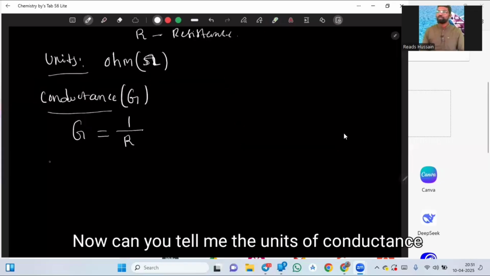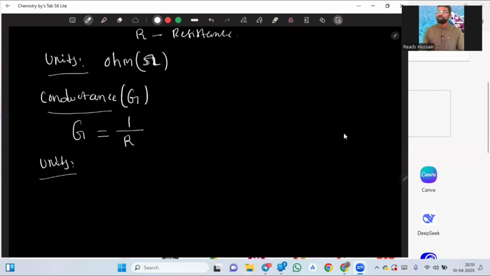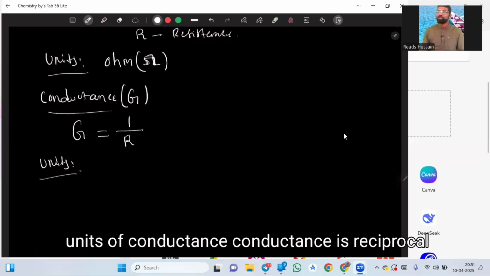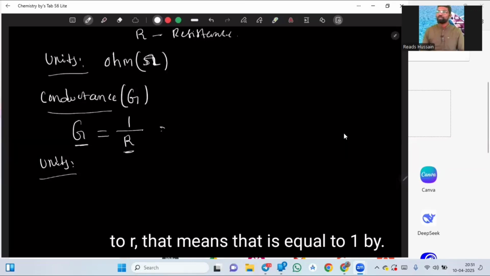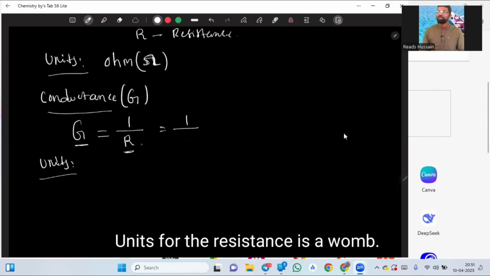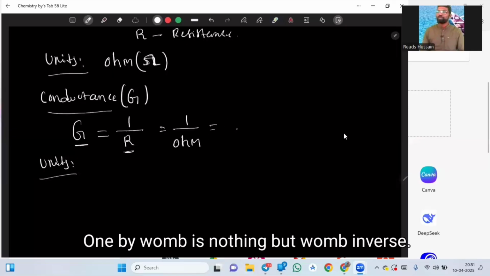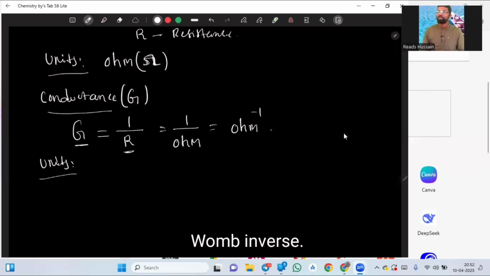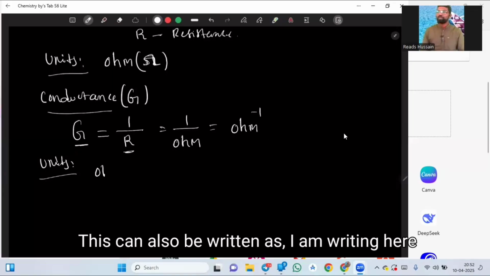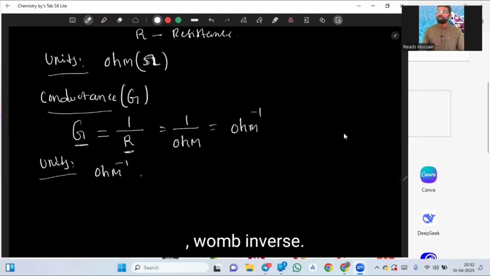Now, can you tell me the units of conductance? Conductance is reciprocal to R, no? That means it is 1 by the unit of resistance, which is ohm. That is 1/ohm, which is nothing but ohm inverse.